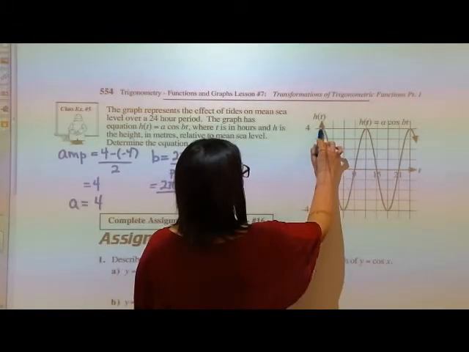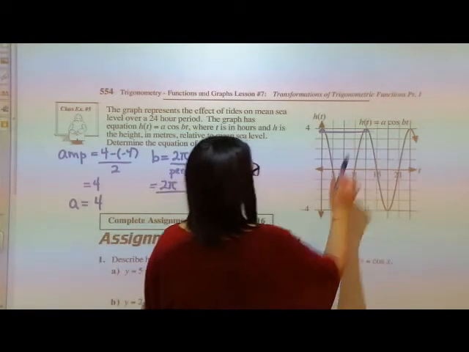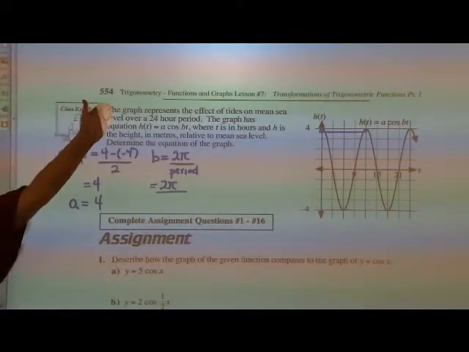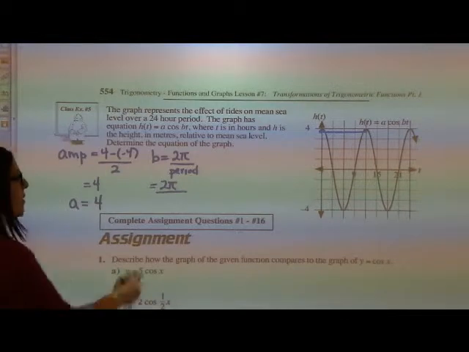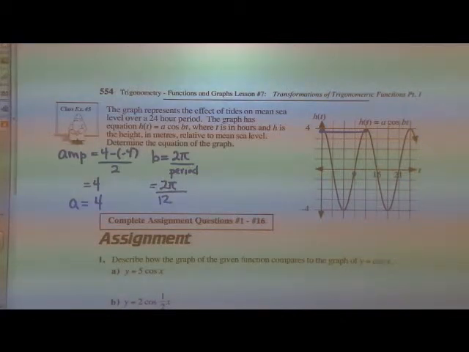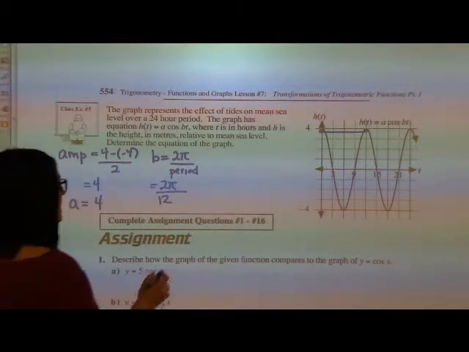It started at its max, and took 12 hours to get back to that maximum point. So b would be 2 pi over 12. Can I simplify that? Pi over 6.